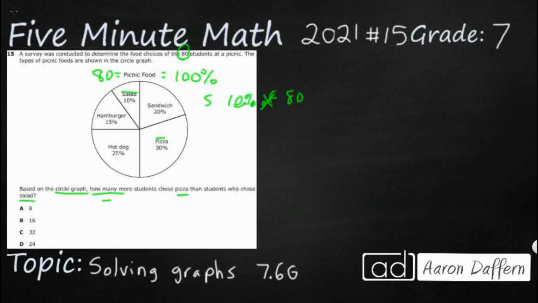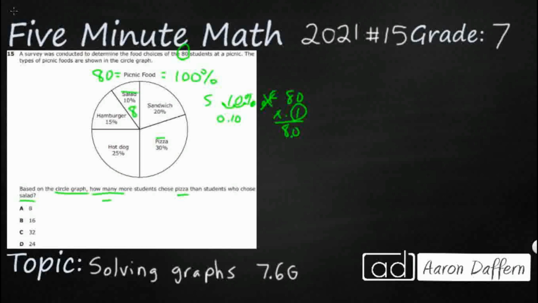You move it over 2 times to the left, and it's really 0.10, or really 0.1. So we can multiply, but most of you know what happens when we multiply by 0.1. It's the same thing as dividing by 10, right? We just get 80, but now we just get the decimal moved over once. So that's really 8. All right, so 8 students.